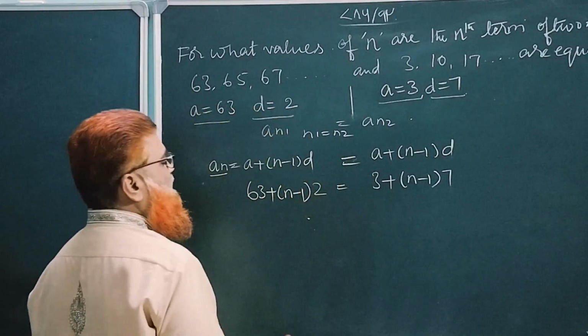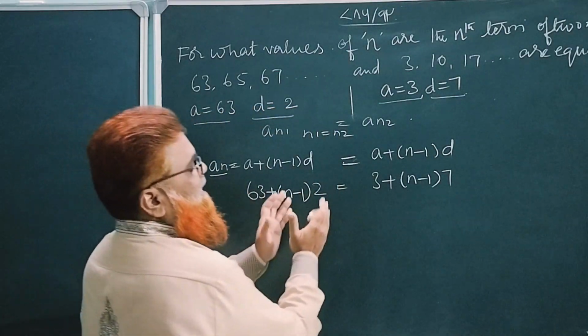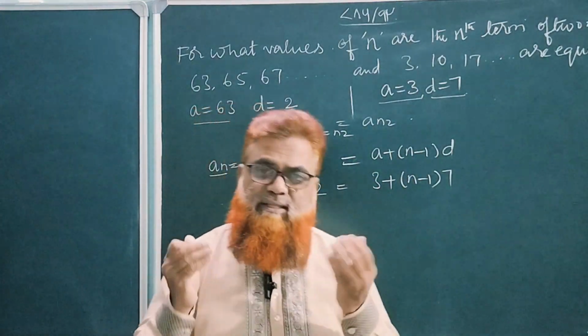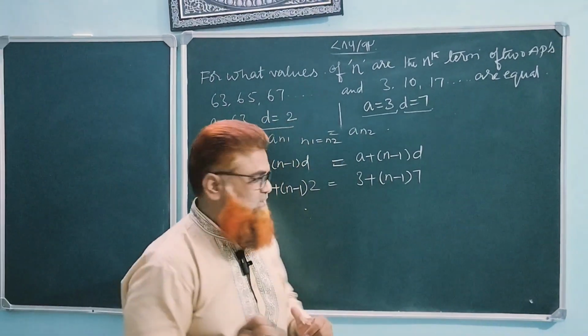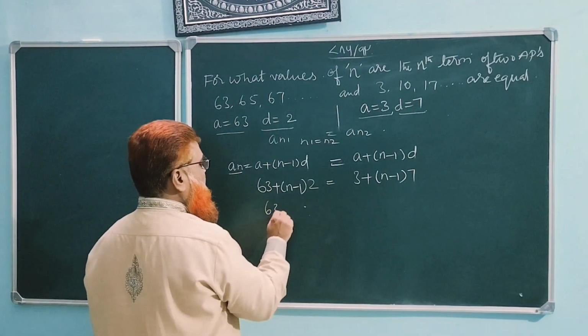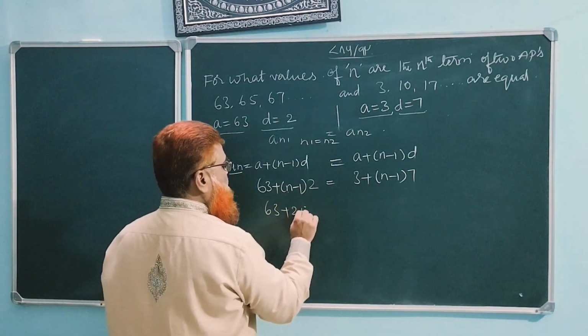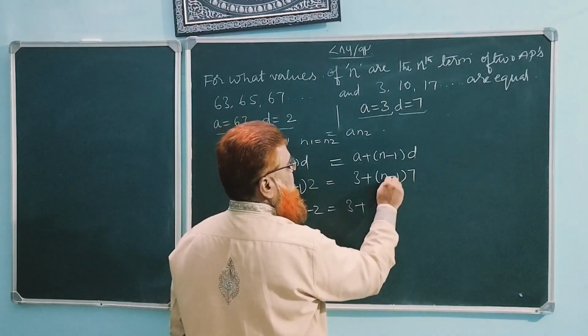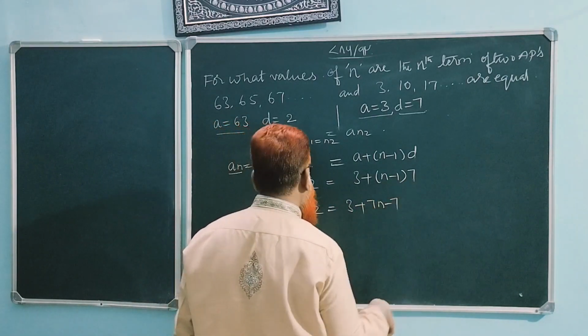It is 7. Now, the nth term of both the APs are equal, but we should find what that equal term is. Now 63 plus 2n minus 2 is equal to 3 plus 7n minus 7.